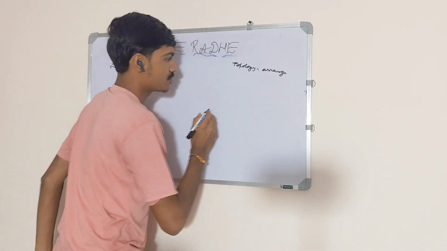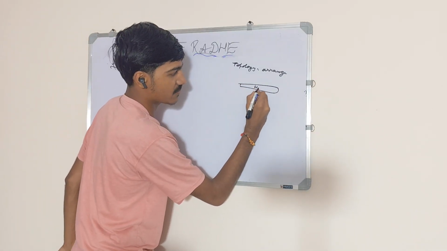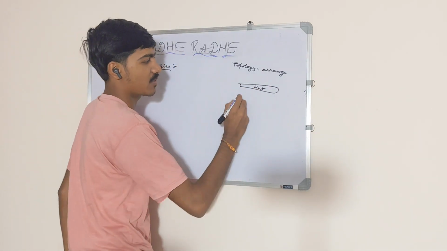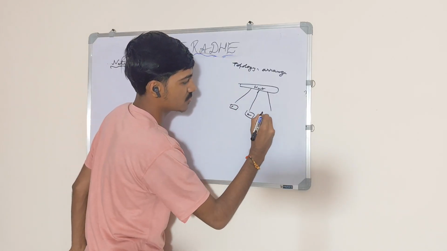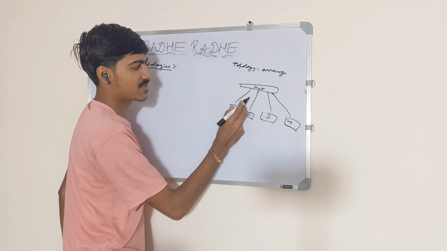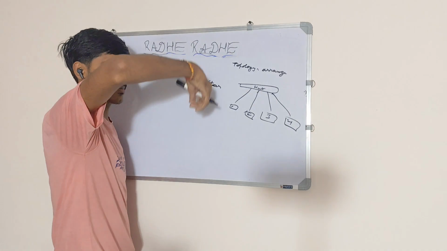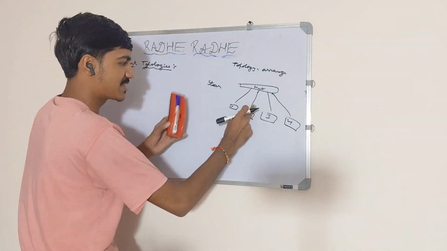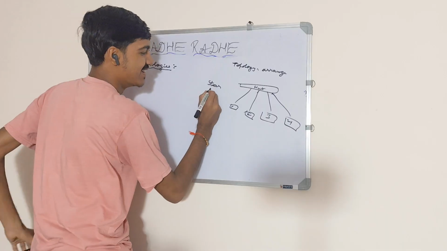Now we have a central device here called a hub. Device 1, device 2, device 3. This is also known as star topology. It's like a star. Let's suppose these two devices are connected upwards, it will look like a star.